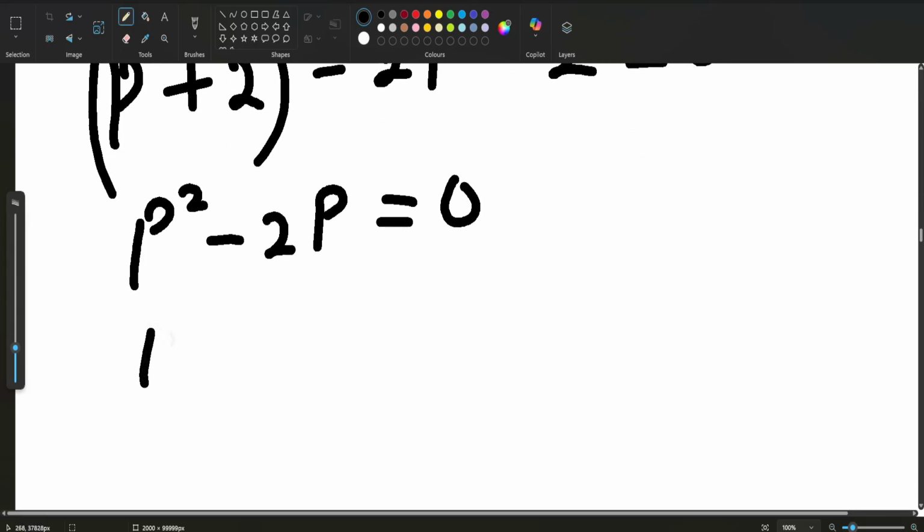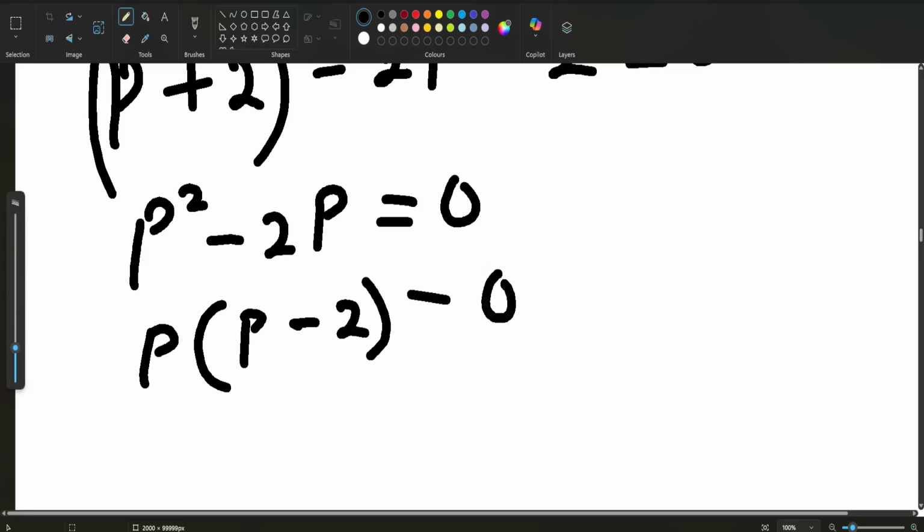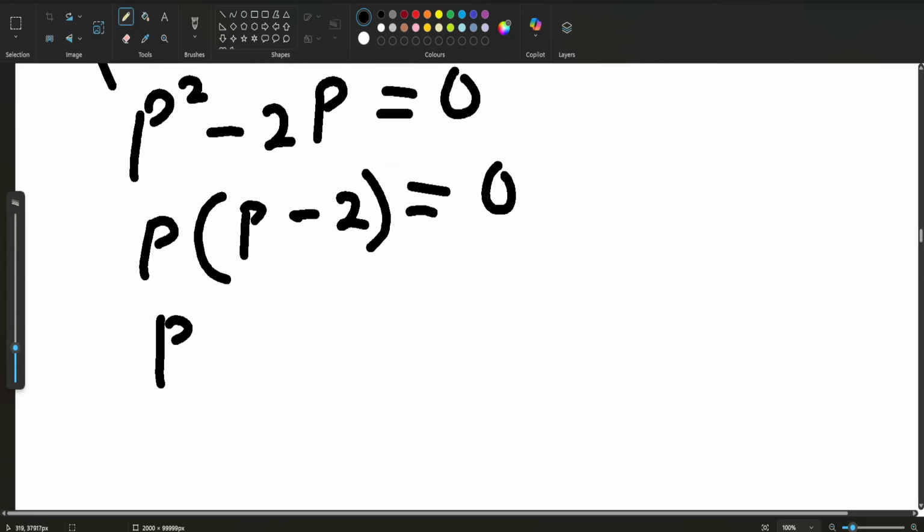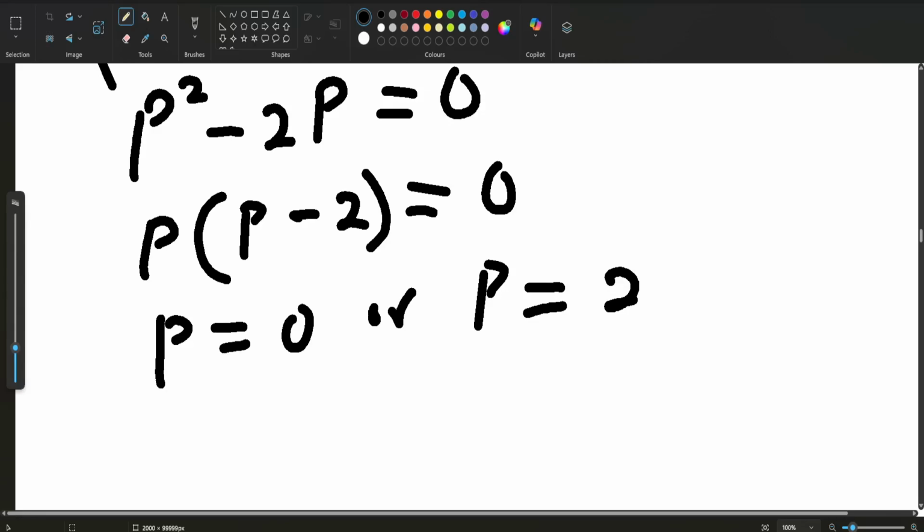So p is common here, bring it out, so that will be p minus 2 equals to 0. So p is either 0 or p is equal to 2. So these are the two values of p.